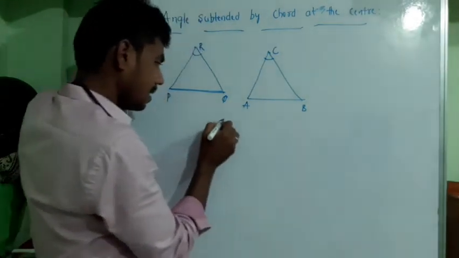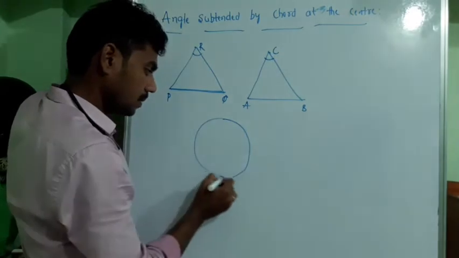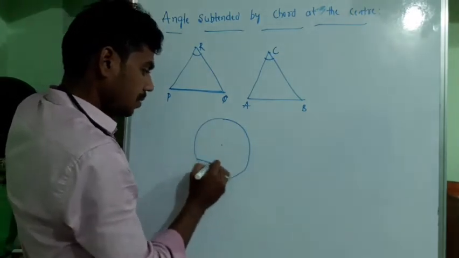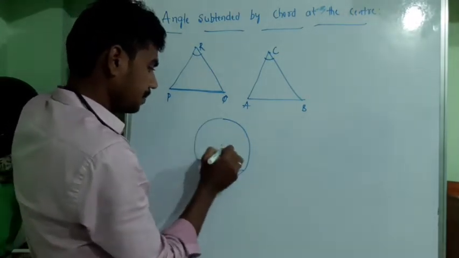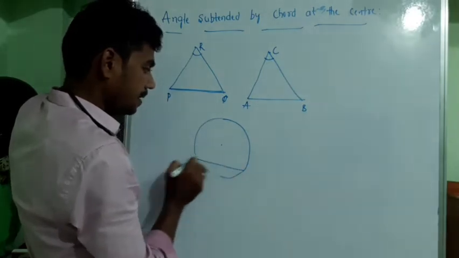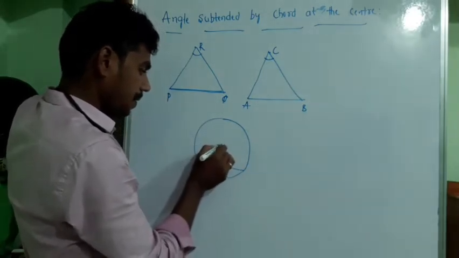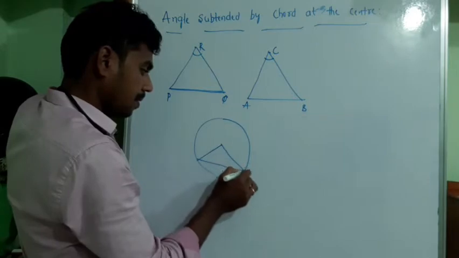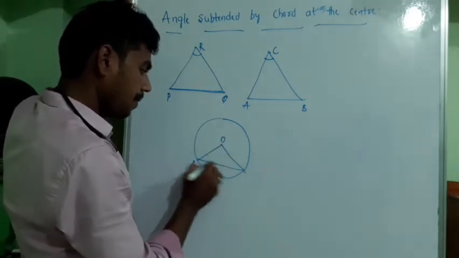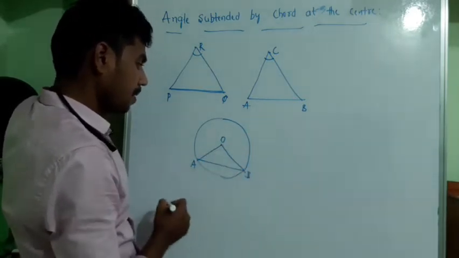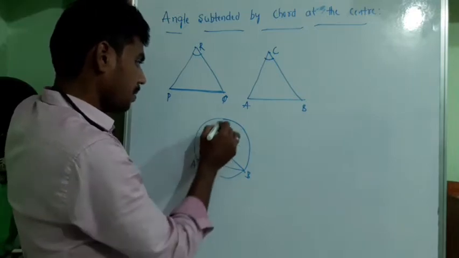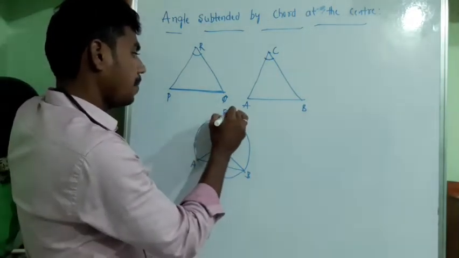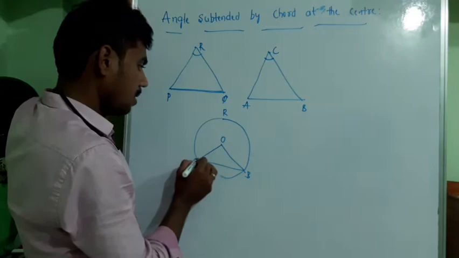Similarly, if I take a circle, these two are the chords. If I take this as a chord, let this be O, A, B. Now let R be any point on the circle.